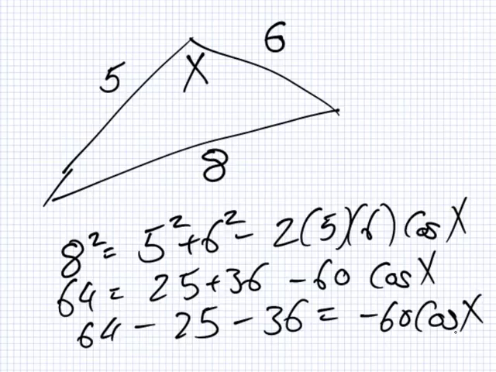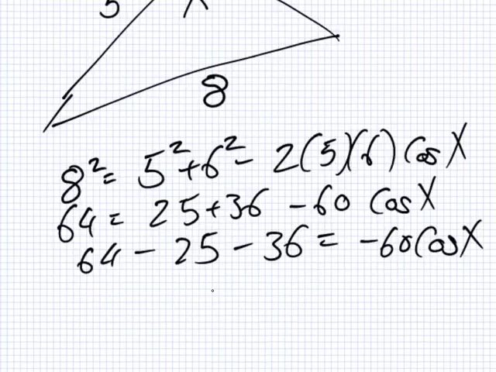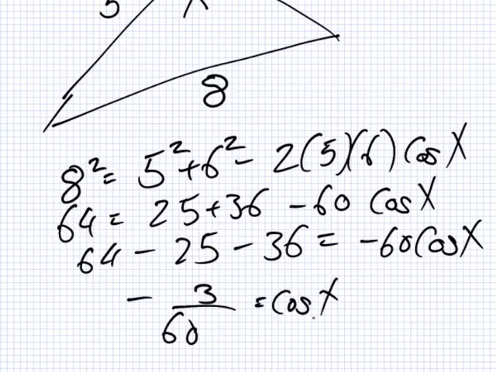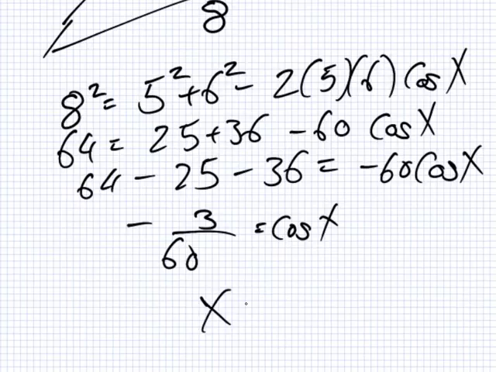So 64 minus 25 minus 36 is 3. So you have 3 over minus 60 is cos x. And then, yeah, so here the x will equal 92.9 degrees then. Okay, you have that one?